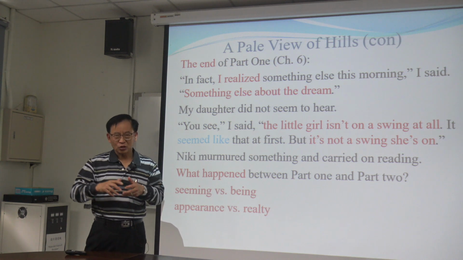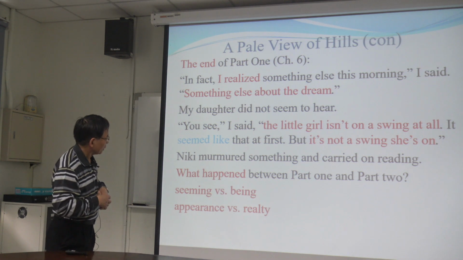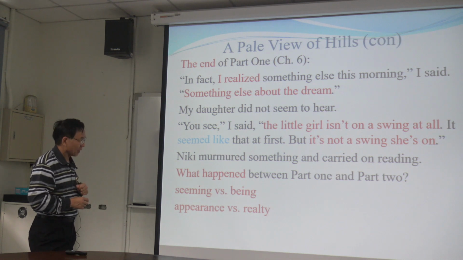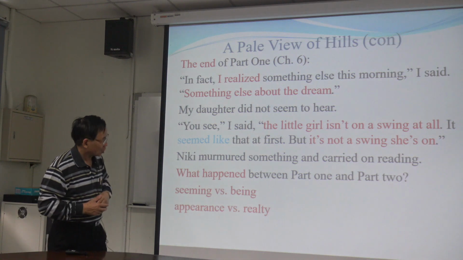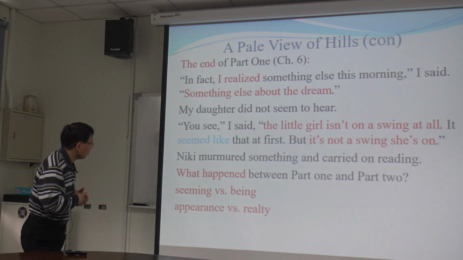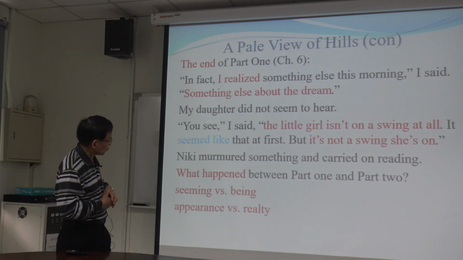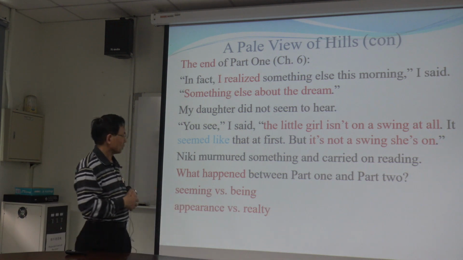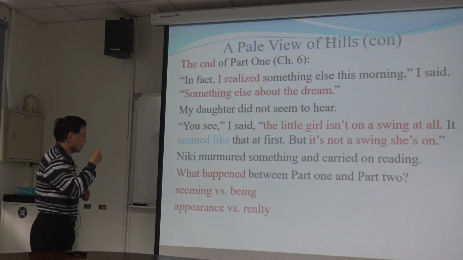Swing in Chinese, 荡秋千. A girl playing on a swing. But the mother here says, actually, the girl is not on a swing. It seemed like that at first. At first, it seemed like the girl is on a swing. But in reality, she is not. It's not a swing she is on.